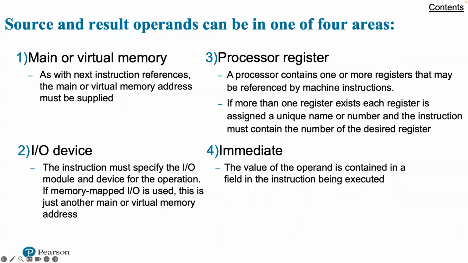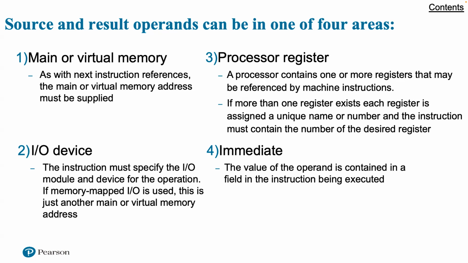So let's think about source and result operands and how they can fit into one of four areas. First of all, for the main or virtual memory, as with the next instruction references, the main or virtual memory address must be supplied. For the processor registers, with rare exceptions, a processor contains one or more registers that may be referenced by machine instructions. If only one register exists, reference to it may be implicit.